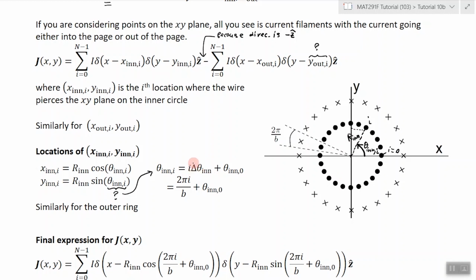It goes up with some sort of intervals, delta theta inner, where this delta theta inner is equal to 2 pi divided by the number of filaments. Because in total, there is a full circle, which is 2 pi radians, but then there are n filaments. So the angular distance between each pair of the filaments is going to be 2 pi divided by n, because there are n intervals between the filaments.